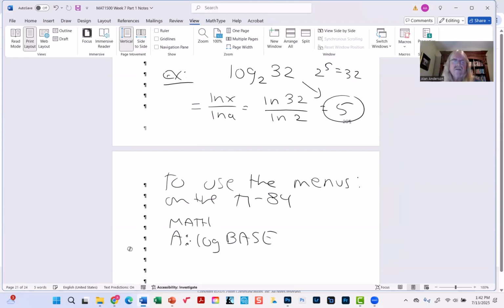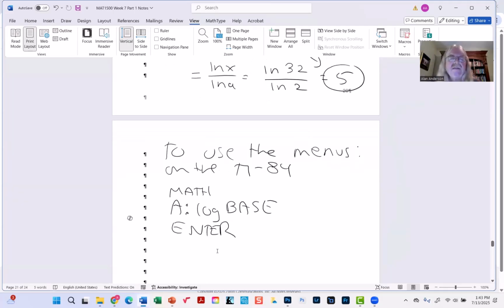Okay, and then you hit enter, of course. And if you notice, it says log, and it's got two blanks. What you're going to do is enter the 2 and the 32, and then hit enter, and you get your 5.